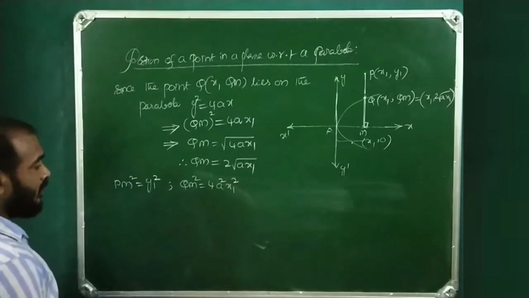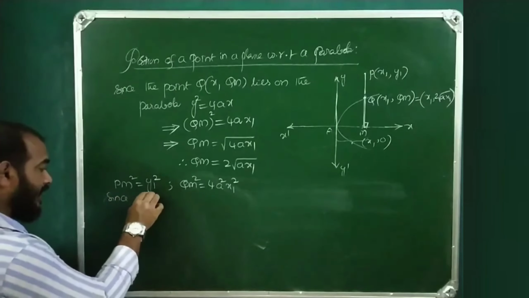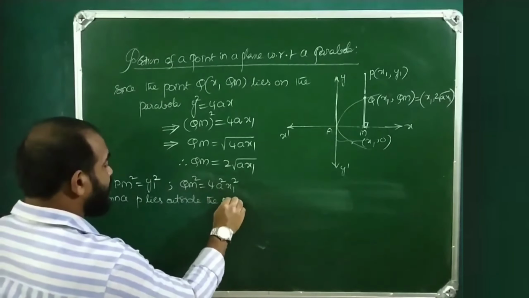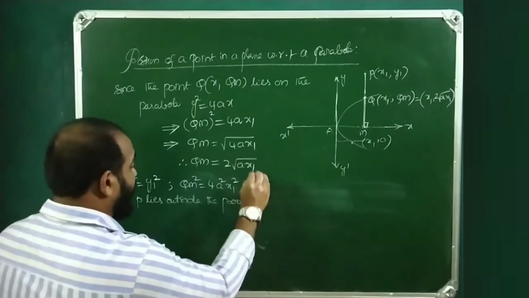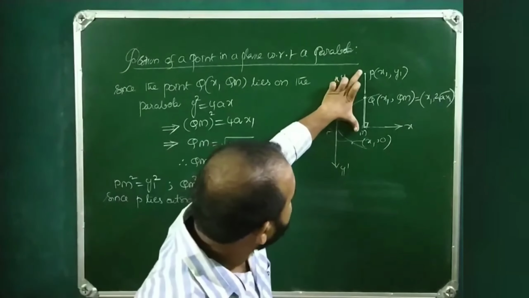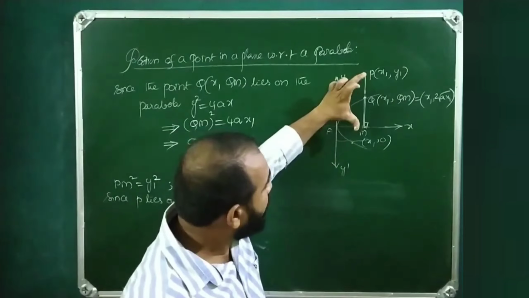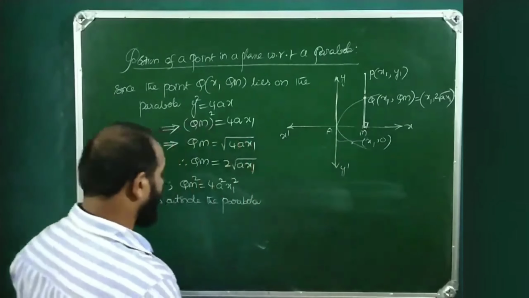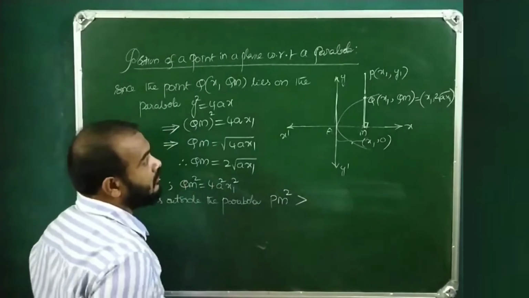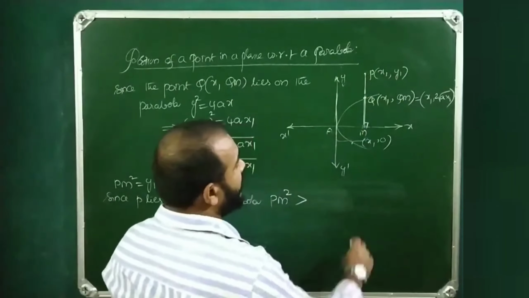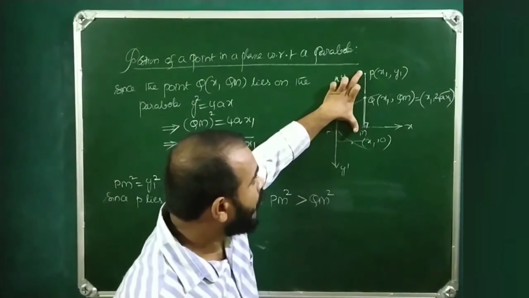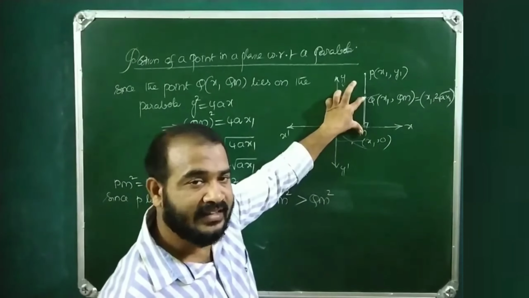Now, since P lies outside the parabola, obviously this distance MP is more when compared with MQ. So PM square is greater than QM square, because this length is more when compared to this length.